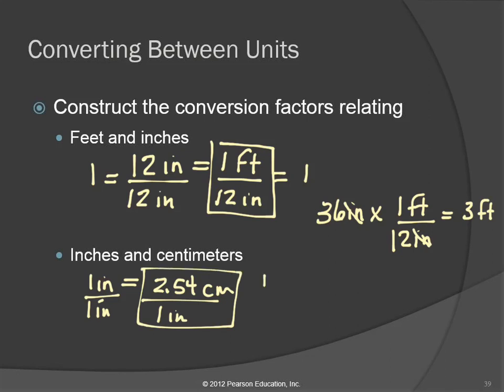What would happen if we turned that upside down? Is that still equal to 1? Yeah, because if you take 1 and you invert it, turn it upside down, it's still 1. So there are 2 conversion factors relating any 2 units. You can put either unit on top.